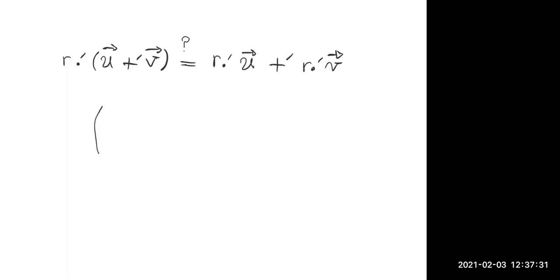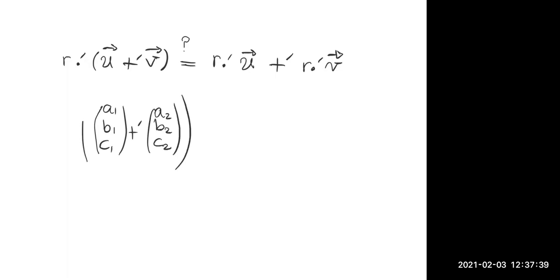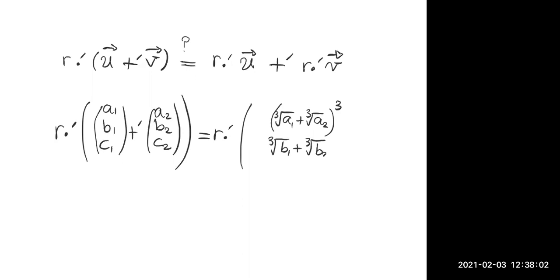Let's say u is equal to (a1, b1, c1), and v is equal to (a2, b2, c2). So the left-hand side is equal to this quantity. Just by the definition we had, the sum of these two vectors is equal to (third root of a1 plus third root of a2) cubed, (third root of b1 plus third root of b2) cubed, (third root of c1 plus third root of c2) cubed.